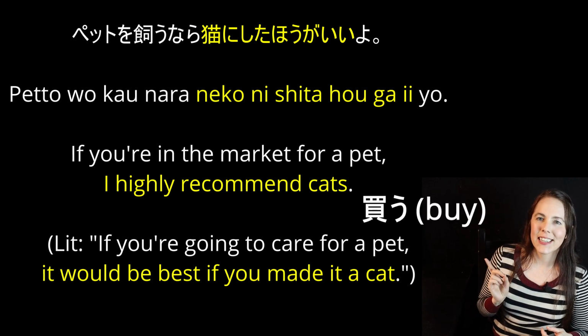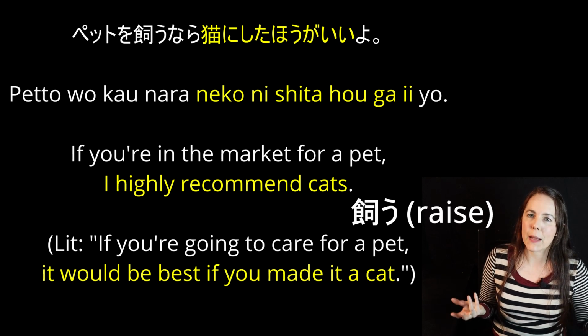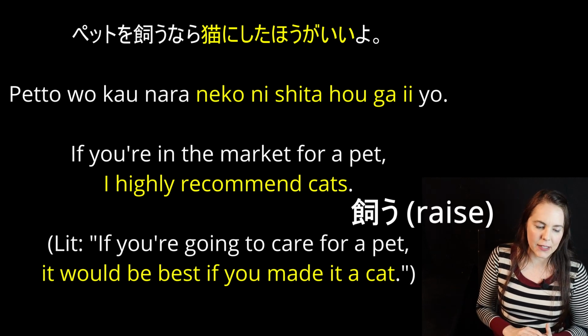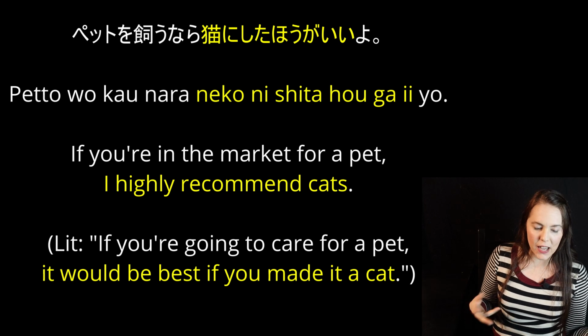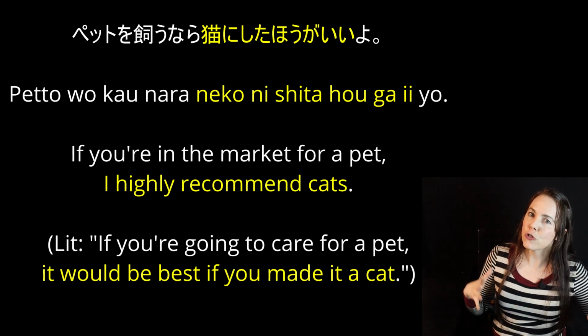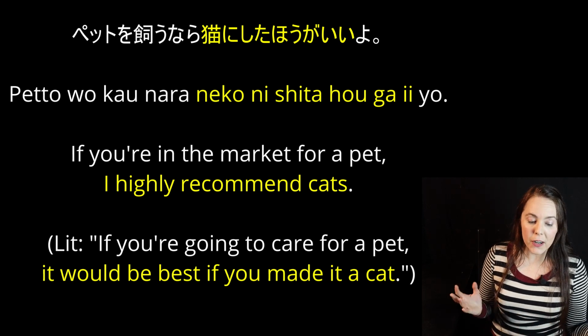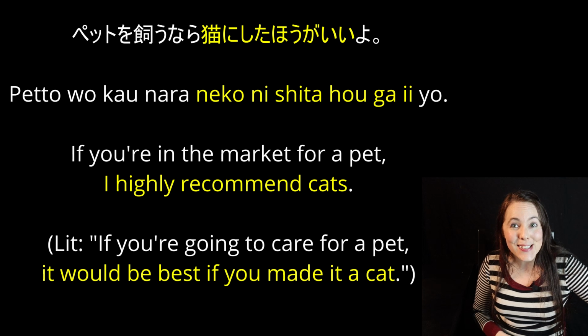The one I'm using is this kanji, it means like to raise a pet, to have a pet basically. So ペットを飼うなら, if you're going to have a pet, 猫にしたほうがいいよ, you should make it a cat. You should have a cat. You should choose a cat. That would be the best choice. So if you're in the market for a pet, I highly recommend cats.